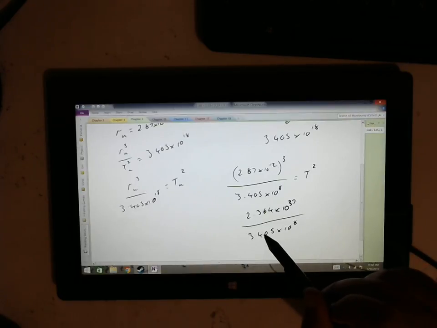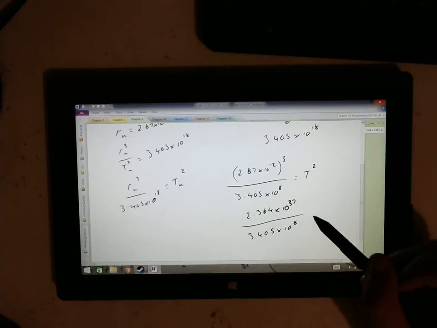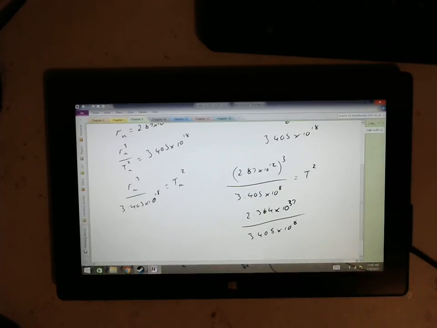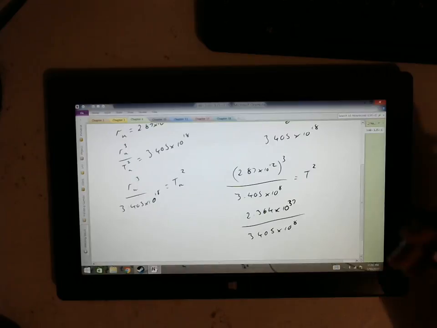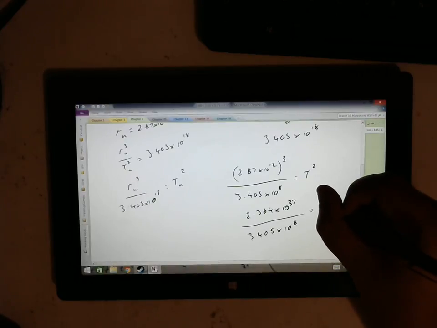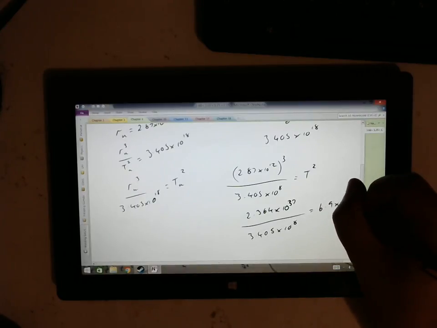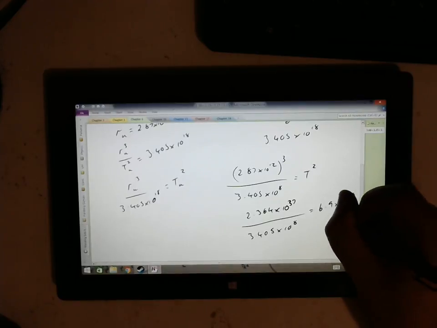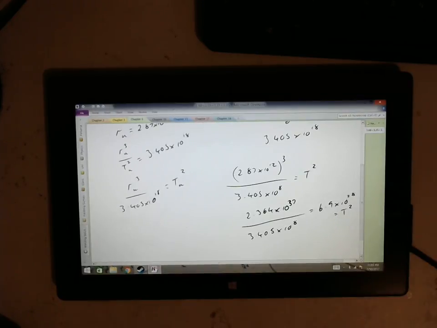Dividing by 3 point something, it should go down slightly. And by my calculations, that gives me 6.9 times 10 to the 28, which is equal to t squared. But we need to square root that, obviously.